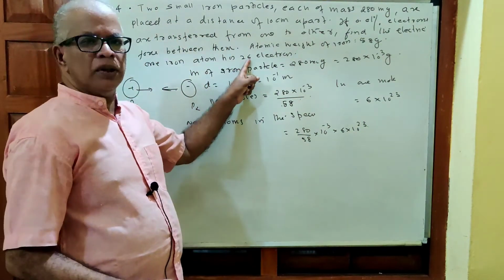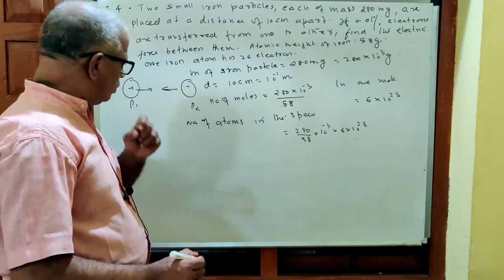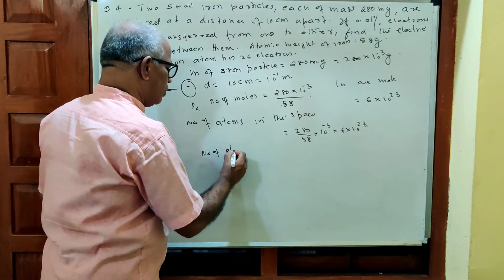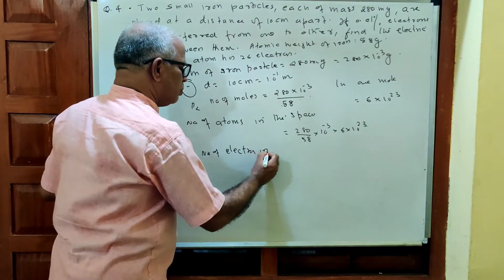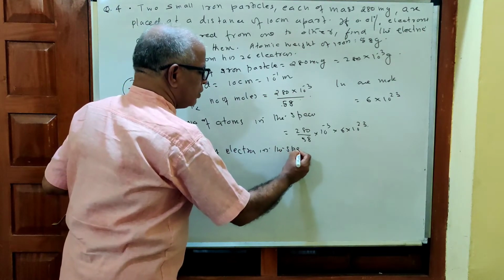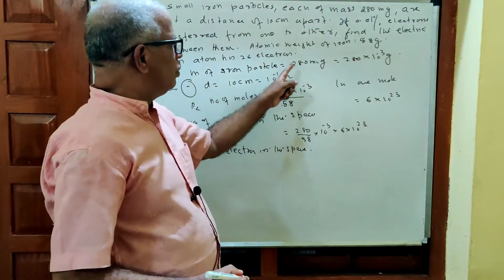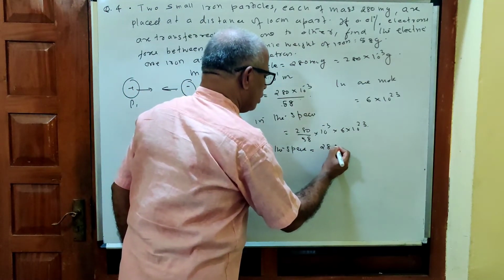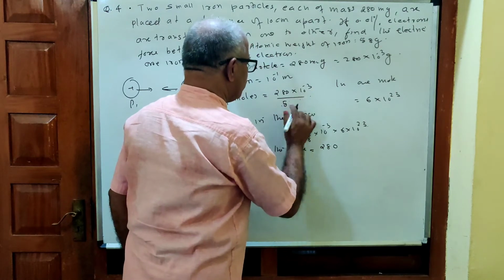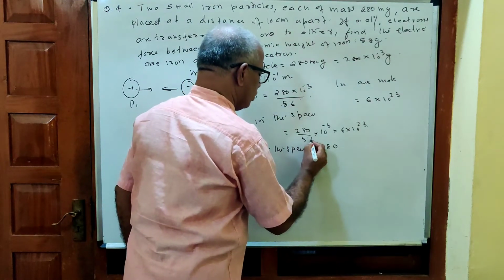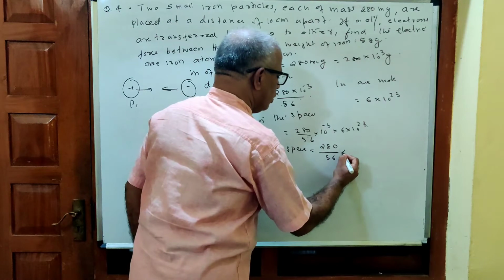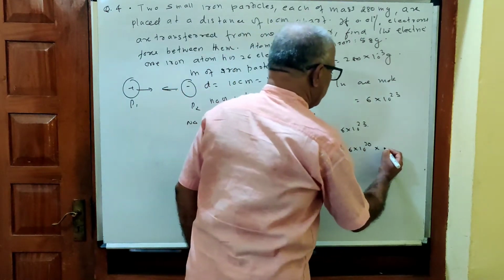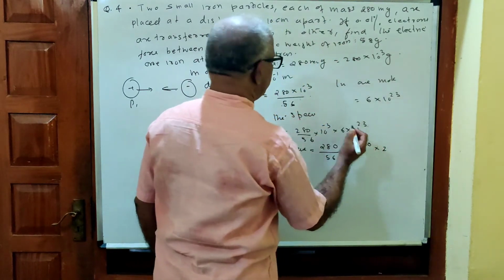Each atom has 26 electrons. So number of electrons in the specimen, how much is it? Tell me. Total number of atoms, and in one atom we have 26 electrons. Therefore we have 280 by 56, sorry, it's 56, into 6 into 10 to the power 20 into 26.